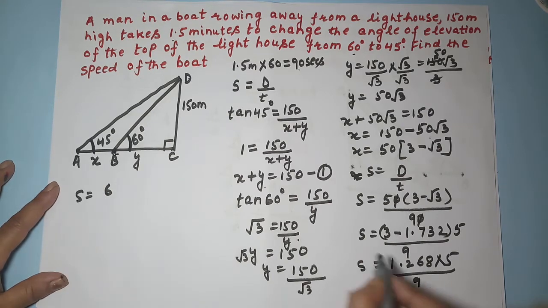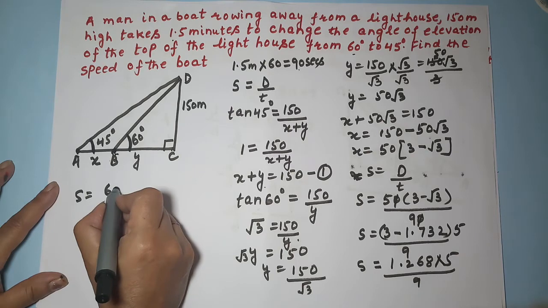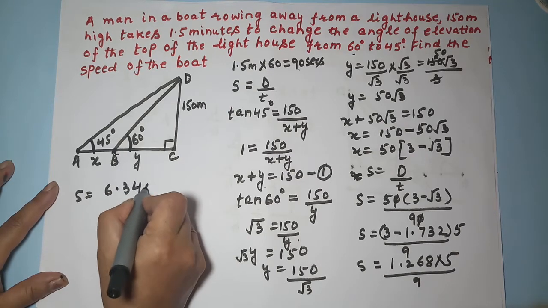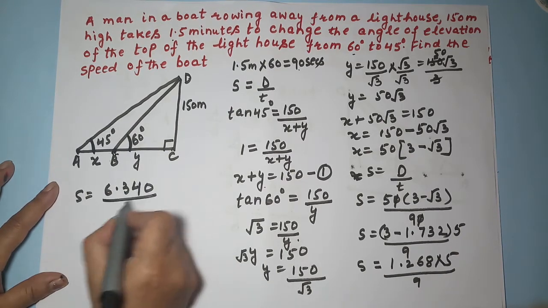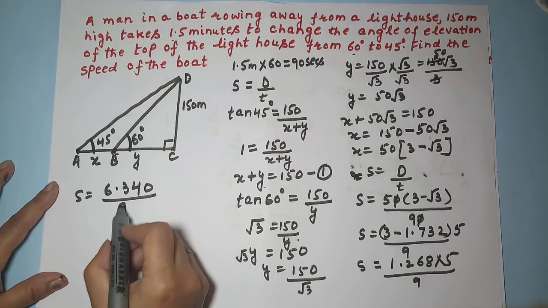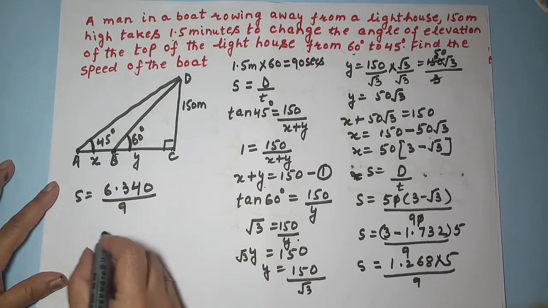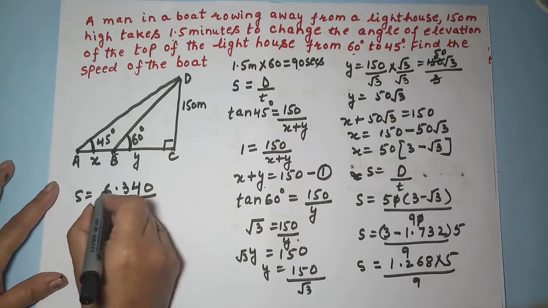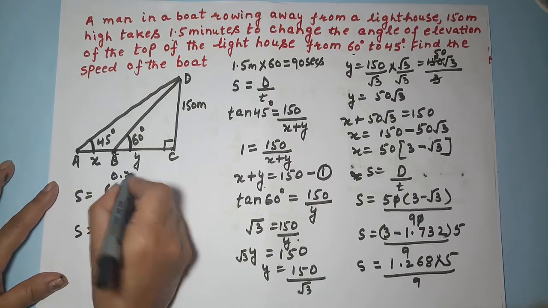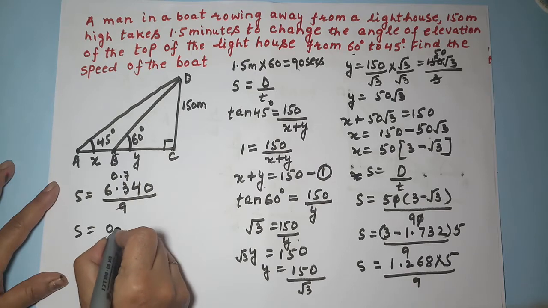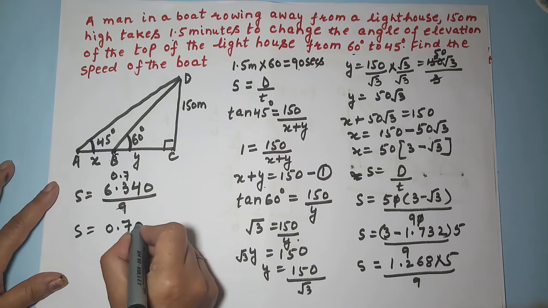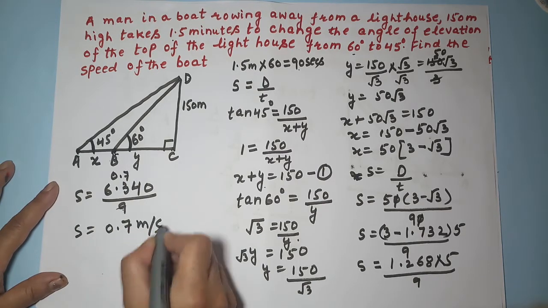My speed is 6.340 upon 9, right? So if I divide this by 9, what am I getting now? 9 sevens are 63, so 0.7 something. So the speed will be 0.7 meter per second.